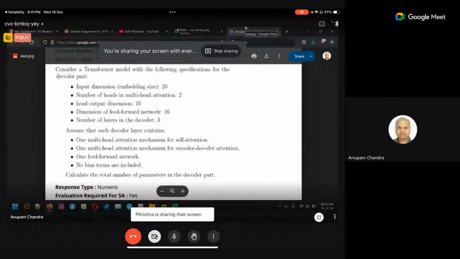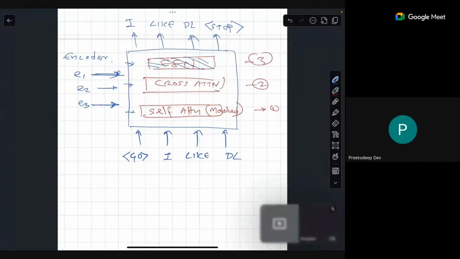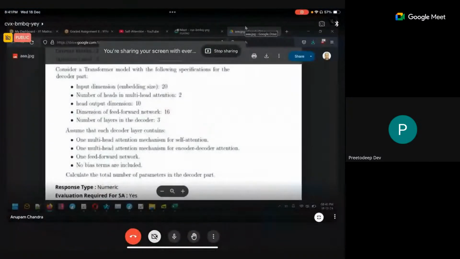You can take a screenshot from Anupam's share and put it into your writing application. Let me just see. In just a second.